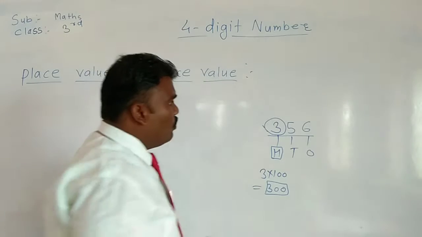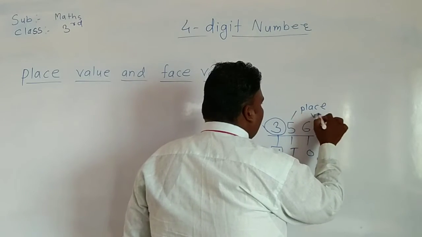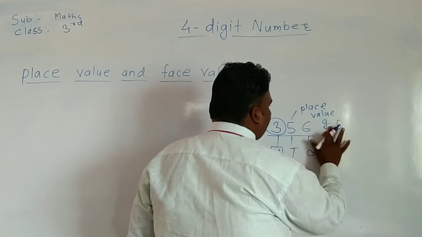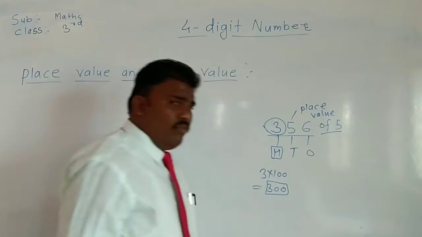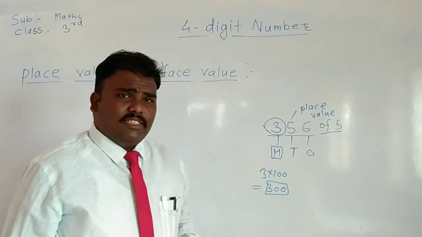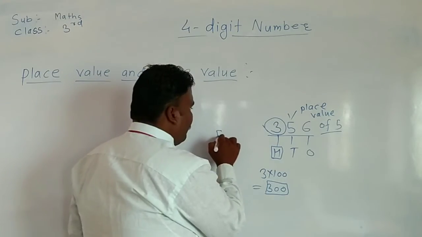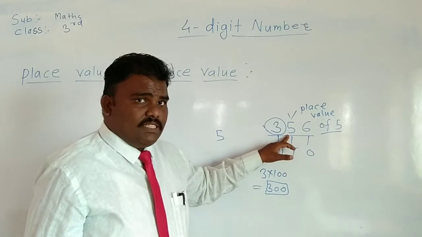Suppose someone asks you what is the place value of 5. So how will you explain it? First of all, you have to write this 5 over here and decide at which place this 5 is placed.